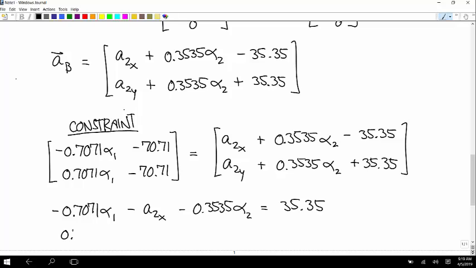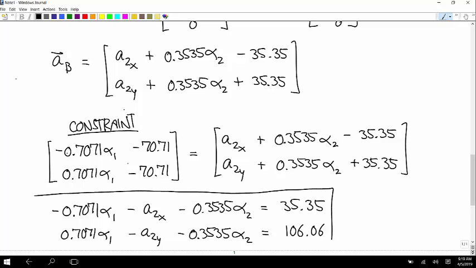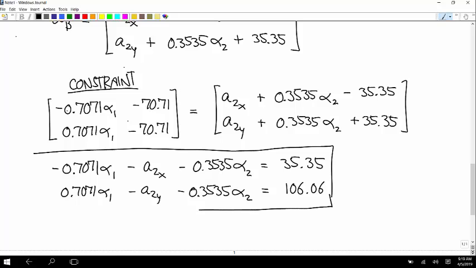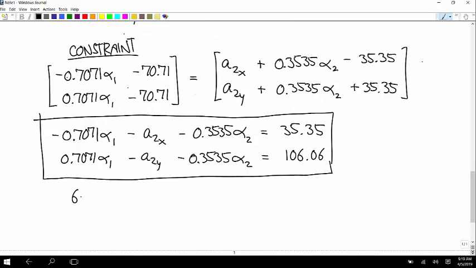And the second one says 0.7071 alpha 1 minus A2Y minus 0.3535 alpha 2 is equal to 106.06. We didn't introduce any new variables, so now we have 6 equations and 6 variables. And now we have a system we can solve.